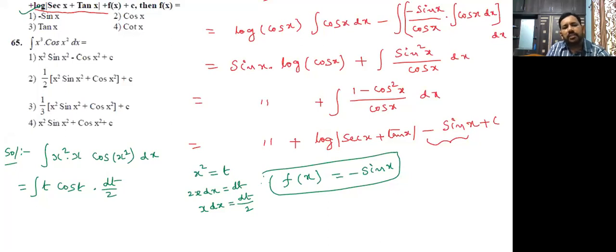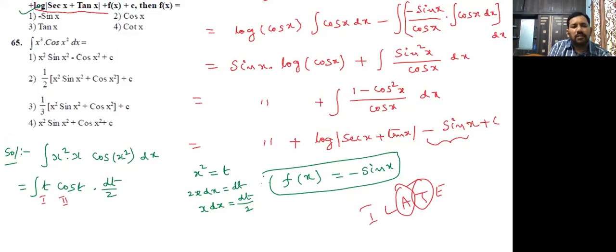Now apply the integration by parts. Which is the first function, which is the second function? I let A be algebra, T be trigonometry. So t is algebra, cos t is the trigonometric function. So this is first, this is second.